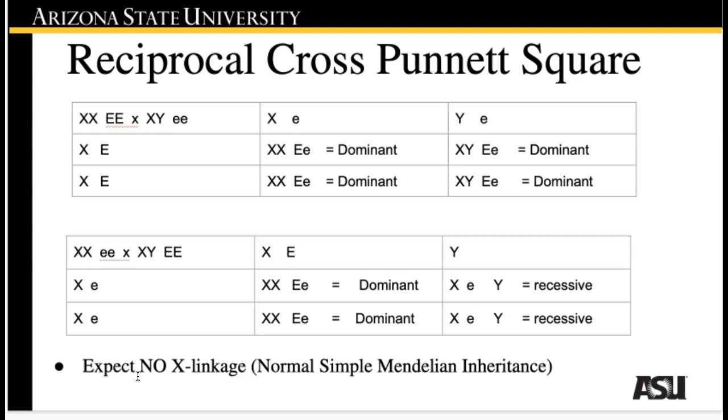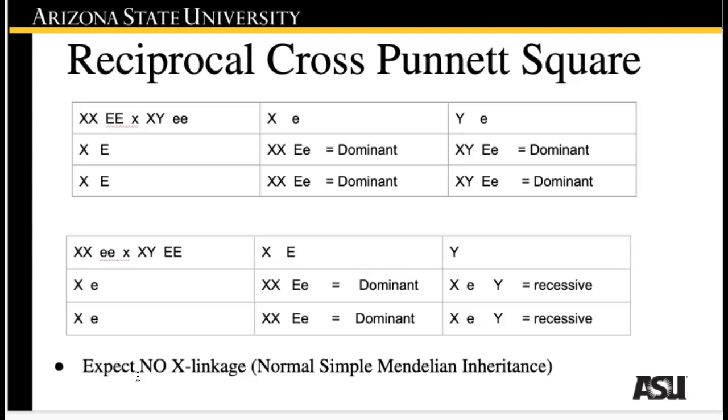However, if there is a linkage, you would be able to see a difference, right? Because the Y wouldn't carry it. And then if we suspect the linkage, we do the reciprocal cross. So then we'll have the XX mother with the homozygous recessive and the father with the homozygous dominant. Now the father won't carry anything on the Y chromosome.